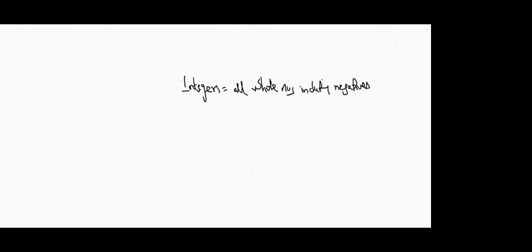Someone also defined it as both positive and negative whole numbers. So with this, I'm sure it's quite easy. Let me call Kwesi. Kwesi, please give me examples of integers. We have already defined it, so give me examples of integers.